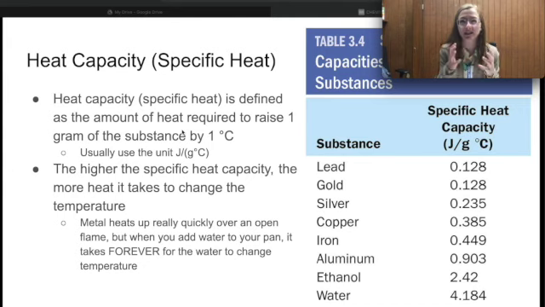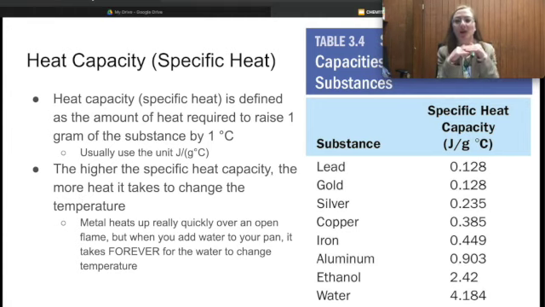So what is it telling us in the end? It's telling us basically how easy it is to heat up 1 gram of the substance by 1 degree Celsius. The higher the specific heat capacity, the larger that number is. That means you have to put more energy in to raise 1 gram of our substance by 1 degree Celsius.